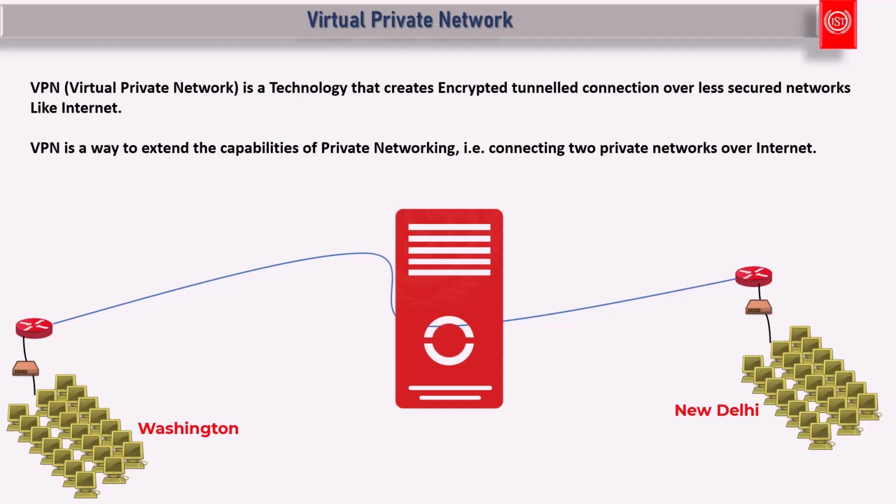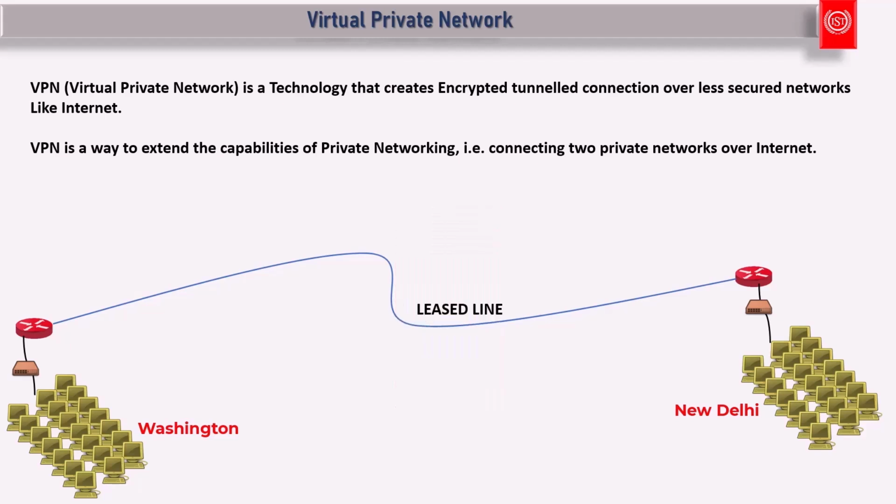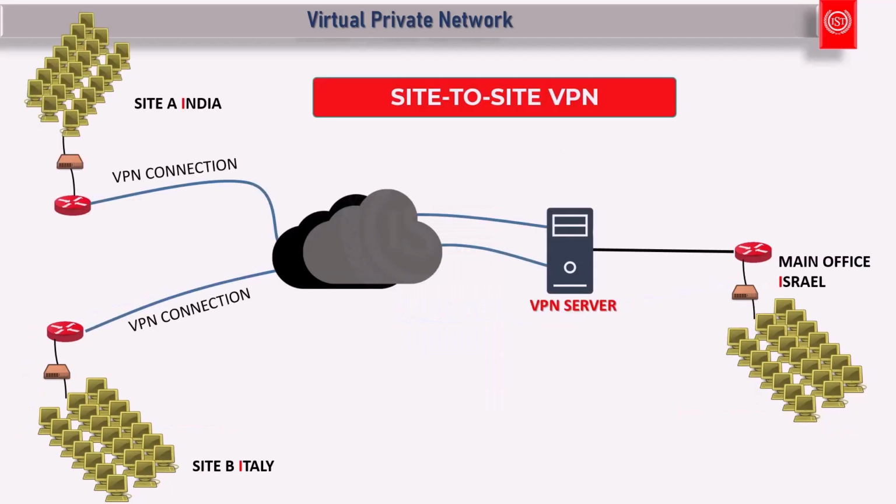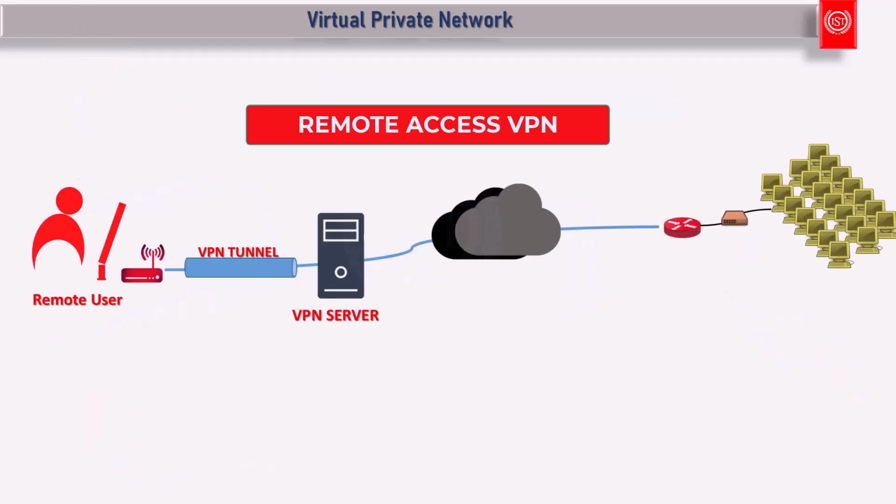And this type of networking using VPN is called a site-to-site VPN. The earlier Netflix example, in which you access Netflix from another country, is an example of remote access VPN. So there are two types of VPNs: remote access VPN and site-to-site VPN.